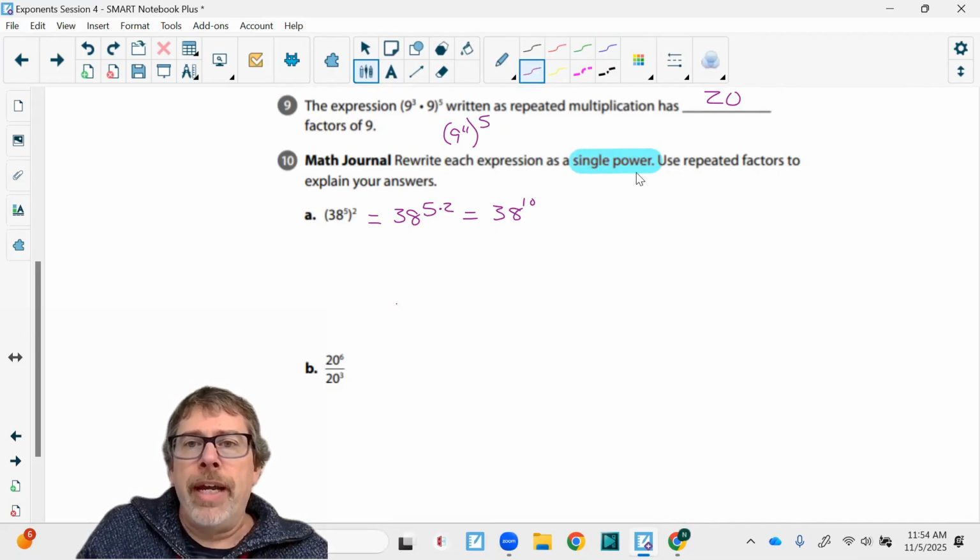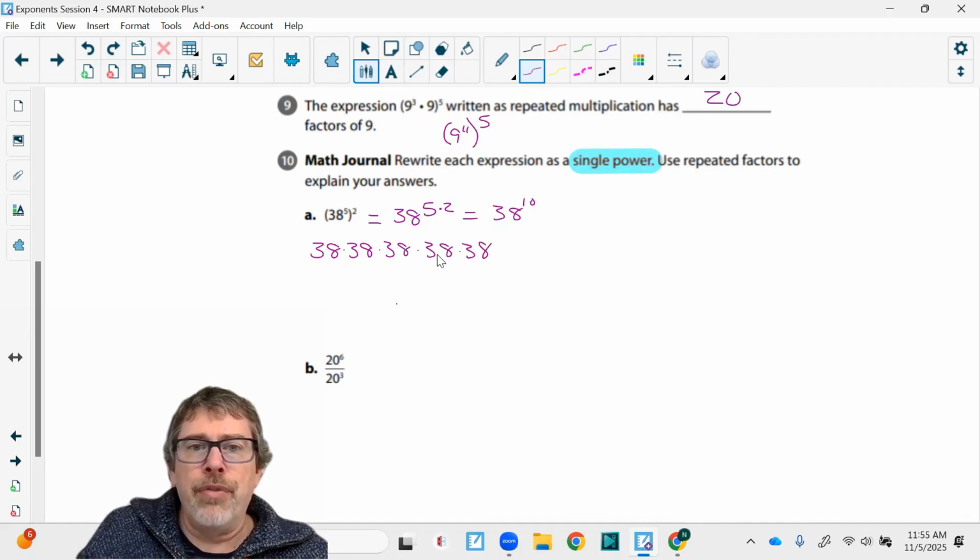And then if we check it using repeated factors, well, this would be 38 times 38 times 38 times 38 times 38, 1, 2, 3, 4, 5 in parentheses.